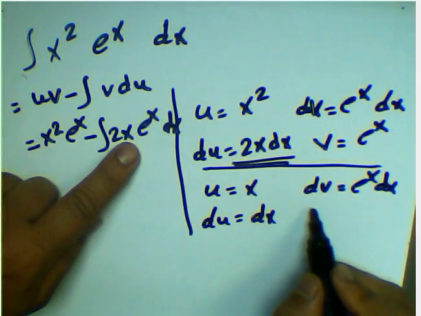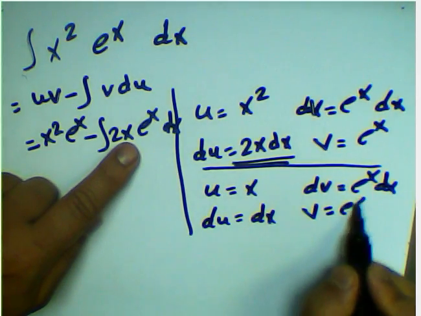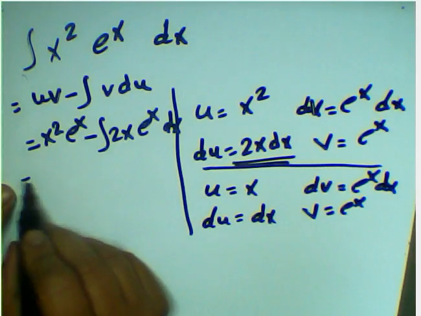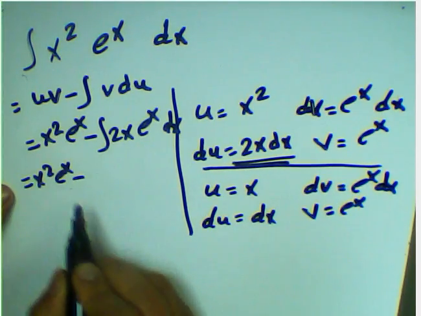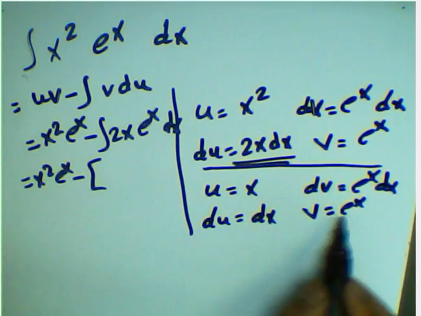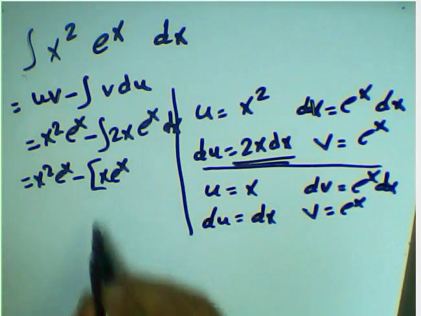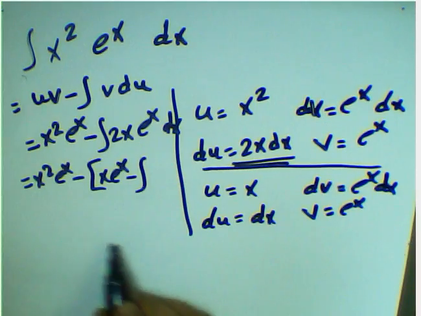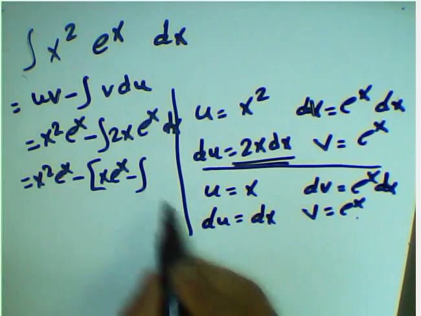The integration gives v equals e power x. Then write x power 2 e power x subtract the result: x times e power x subtract the integration of e power x dx.